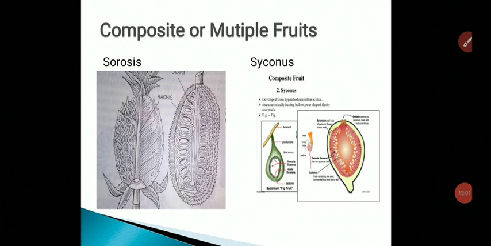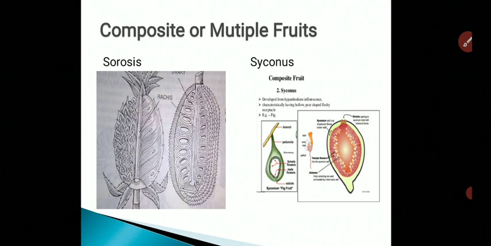Another example of sorosis is jackfruit. Look at the diagram. The ovaries and floral envelopes of several flowers in a spadix inflorescence are all united, forming the spiny, rough covering of the fruit, while the edible part is the fleshy perianth, and the sticky hairs are nothing but bracteoles.